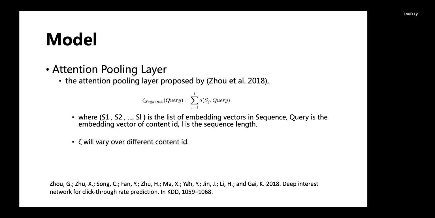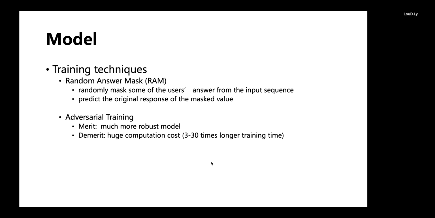The modification of this layer is to aggregate the hundreds of interactions over a sequence of fixed window size in a dynamic way. We introduced 2 training techniques here. The first technique is random answering mask. Randomly mask some users' answers from the input sequence and predict the original values of the masked positions, which is effective in this model.